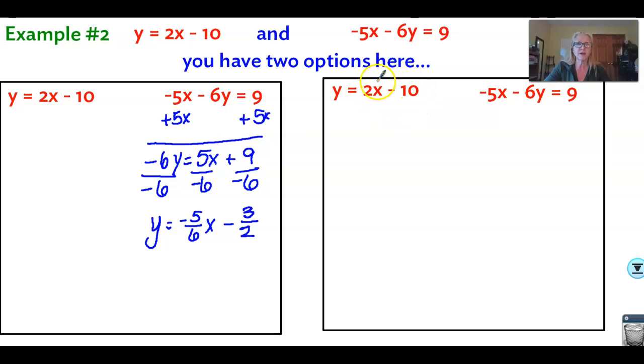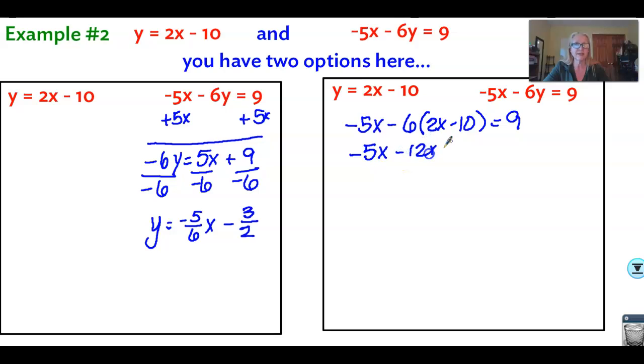We're just going to take 2x minus 10 and substitute for this y here. That'll give us negative 5x minus 6 times 2x minus 10 equals 9. So far, no fractions. Negative 6 times positive 2 is negative 12x. Negative 6 times negative 10 is positive 60 equals 9.